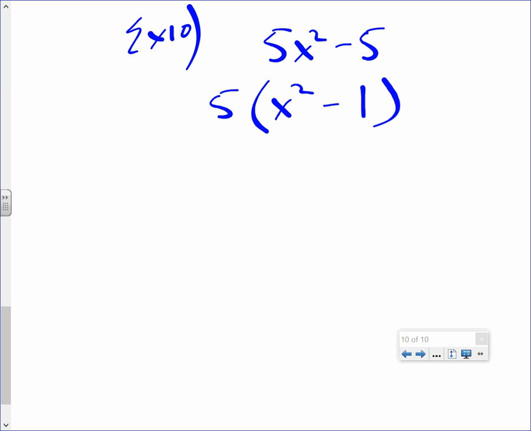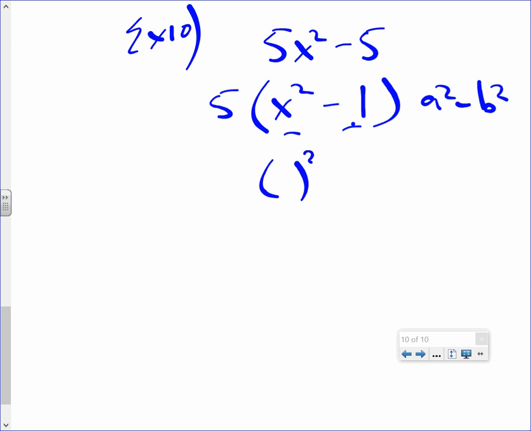At this point, is this a difference of two squares? In other words, is this a squared minus b squared situation right here? It is.